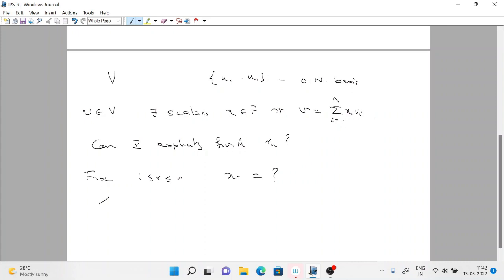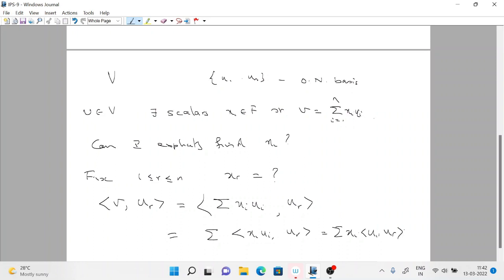You take the inner product of v with ur. By definition, this is the summation xi ui inner product with ur, but that is the summation where xi comes out, so it is xi times the inner product of ui with ur, but this you know is delta ir.